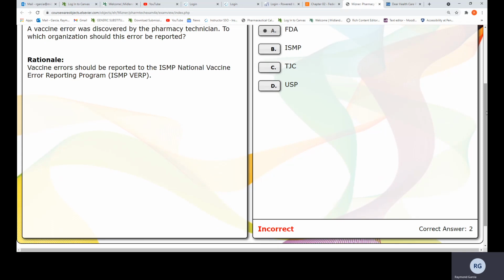Vaccine errors should be reported to the ISMP National Vaccine Error Reporting Program. So VERP stands for Vaccine Error Reporting Program. ISMP stands for Institute for Safe Medication Practices.